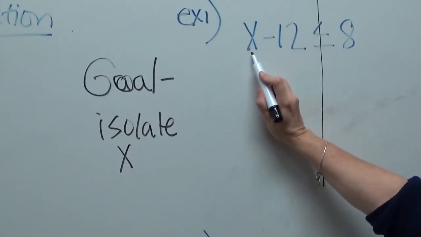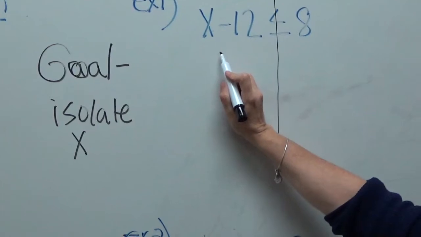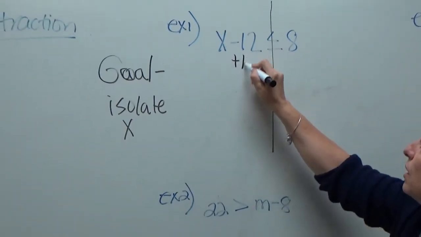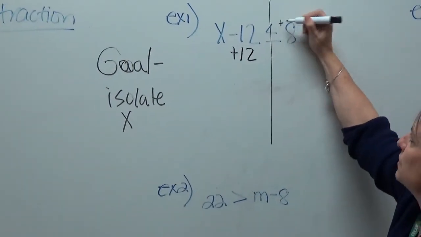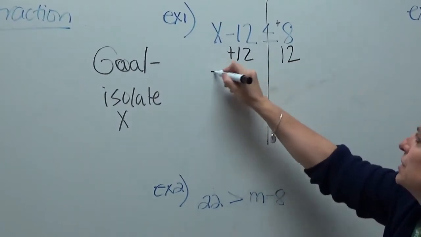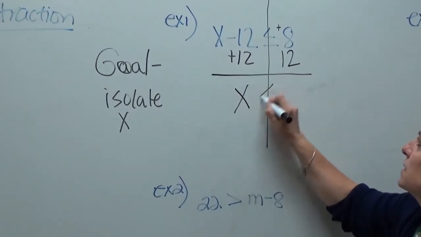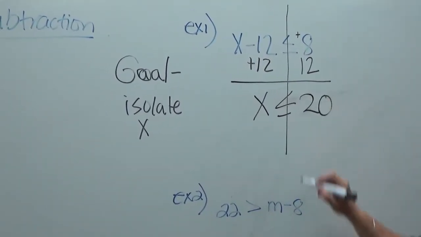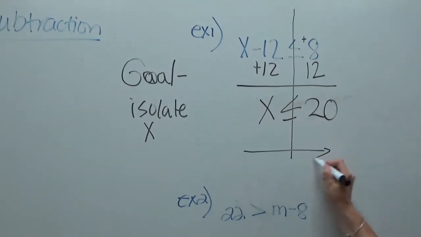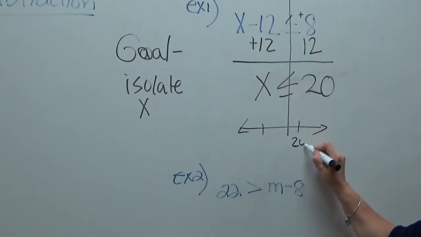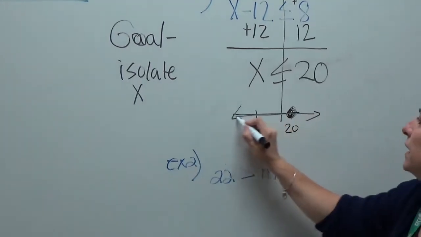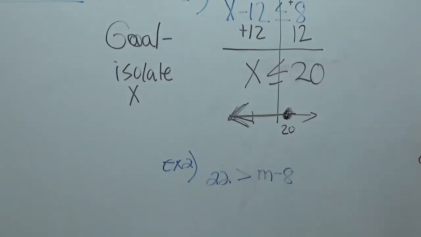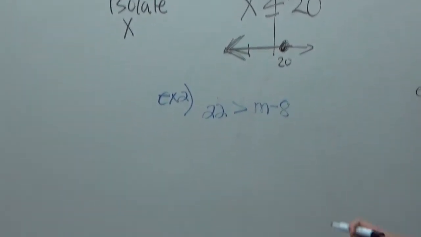So right now, x is being subtracted by 12. So I'm going to do the opposite, and I know this is positive, so the opposite of subtraction is addition. I get x is less than or equal to 20. If I had to graph that, I would go to 20, do a closed circle, and I would go this way.